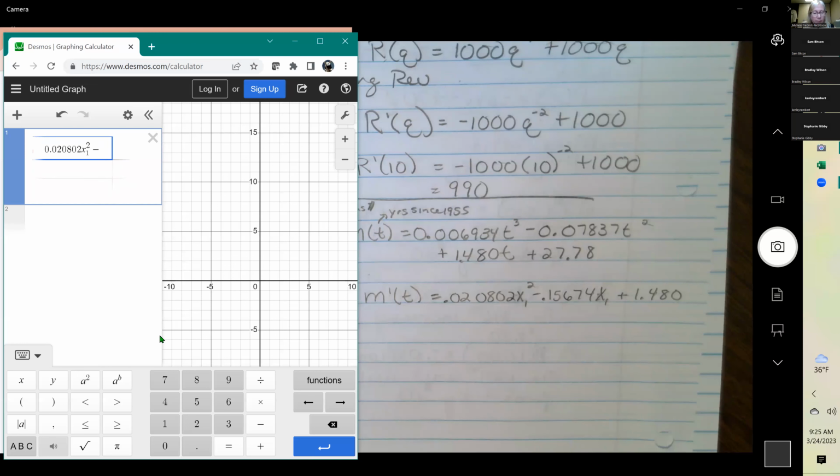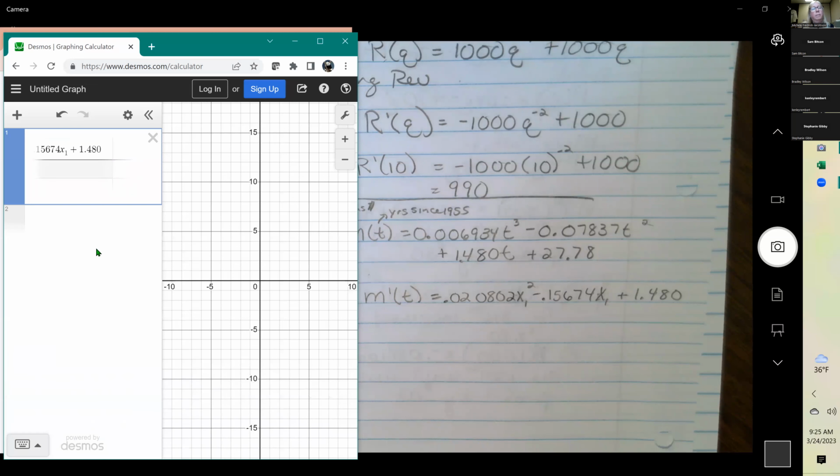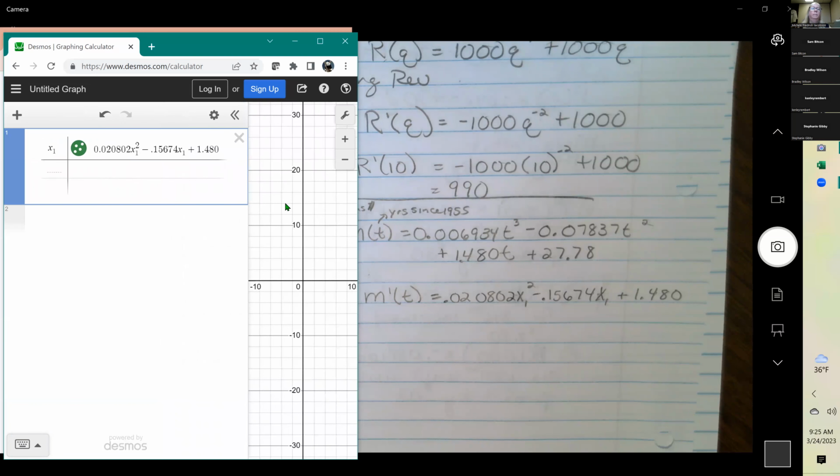Minus 0.15674 X1 plus. Any questions on that part?